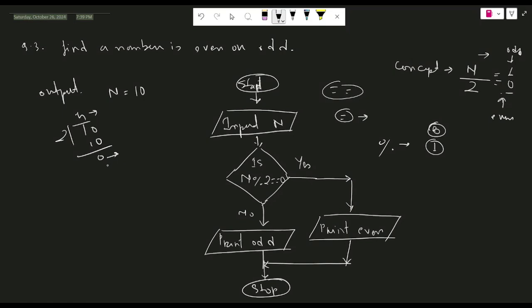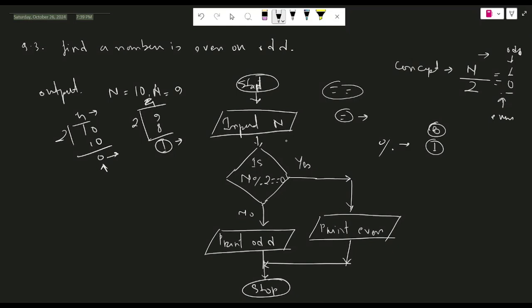So the remainder is 0, which means the number is divisible by 2, and that means it's an even number. If it doesn't get divided by 2, for example if I take n as 9, then 2 4s are 8 and 1. So 1 is the remainder.